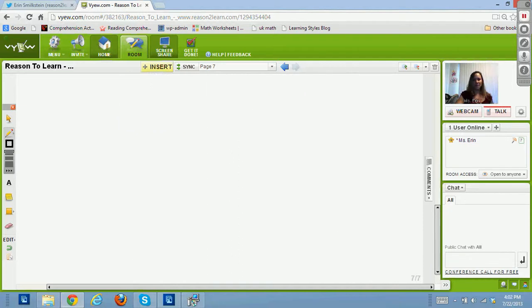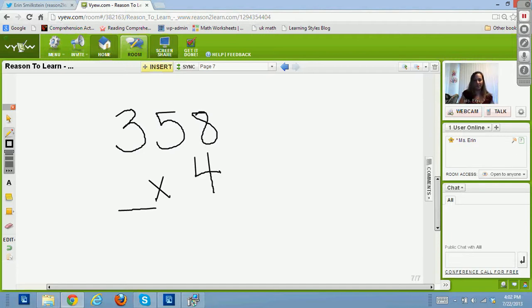Now this is using the standard algorithm, but not quite in the standard way, which is something I tend to do a lot. But this is assuming that a problem like 358 times 4 is no problem. Okay?